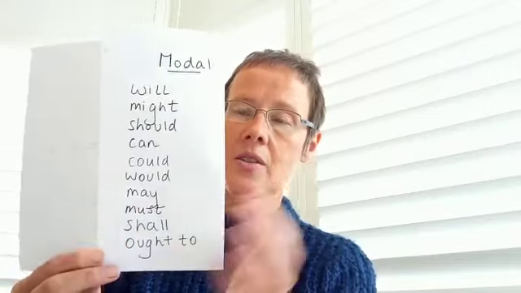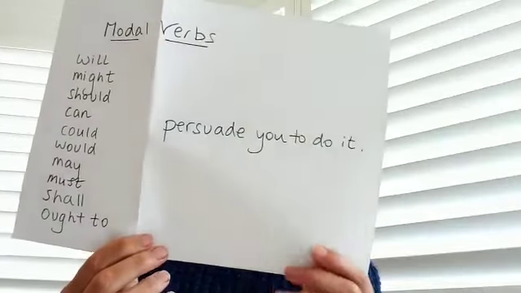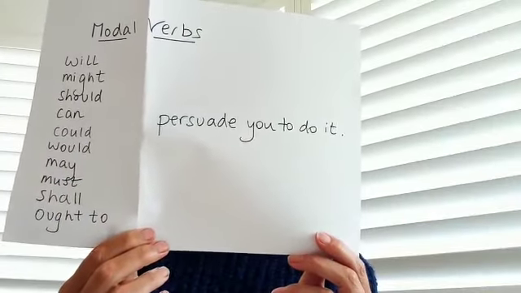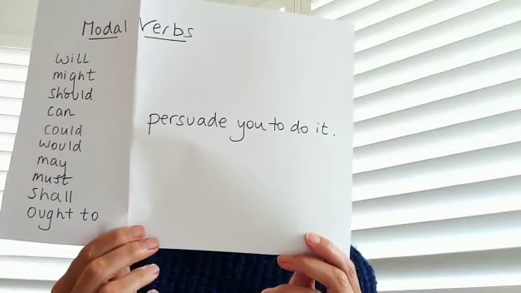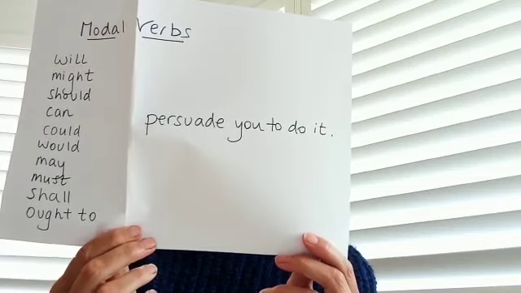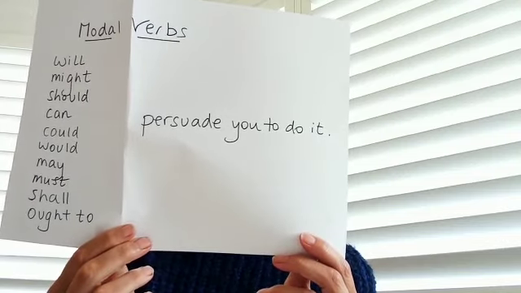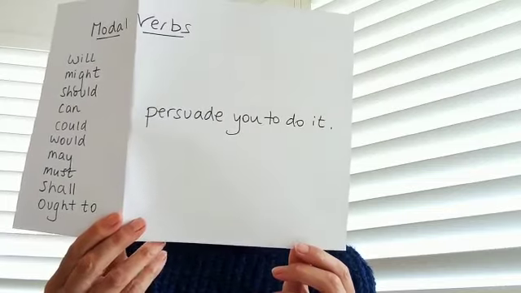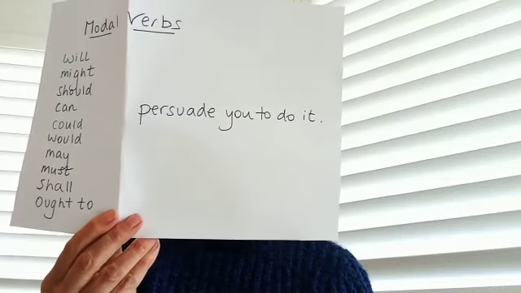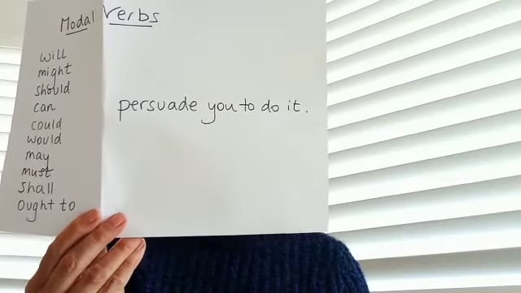Now in a sentence, you might use them like this. I will persuade you to do it. He should persuade you to do it. She can persuade you to do it, and so on. Can you see how the modal verb modifies the verb persuade to change the meaning of it? Make sure you've got all of these modal verbs written down somewhere.